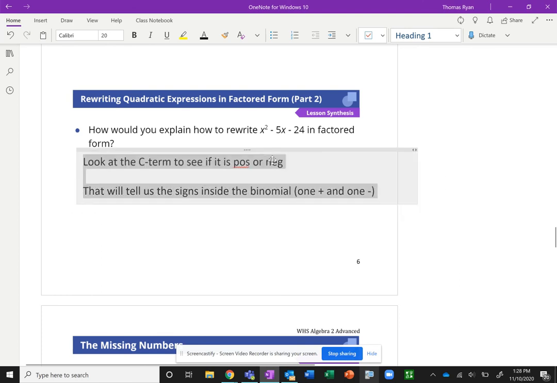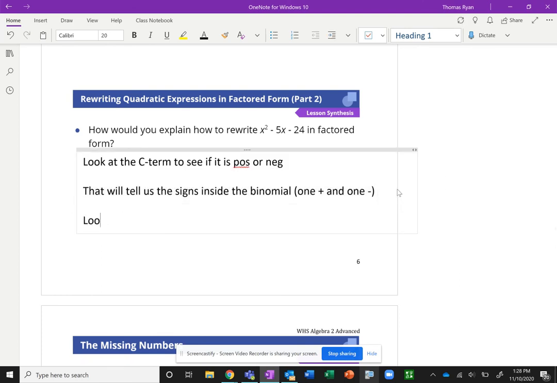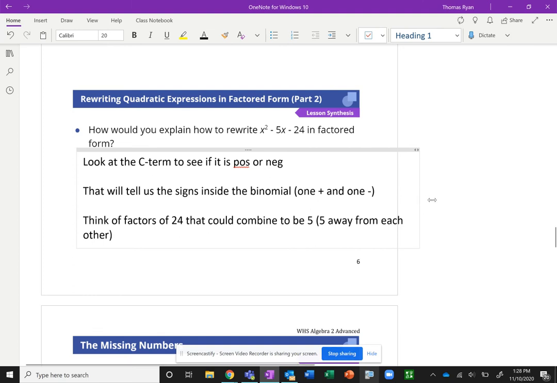Okay, good. And then we think of factors of 24 that are 5 away from each other. Something like that, right? We're thinking 8 and 3.